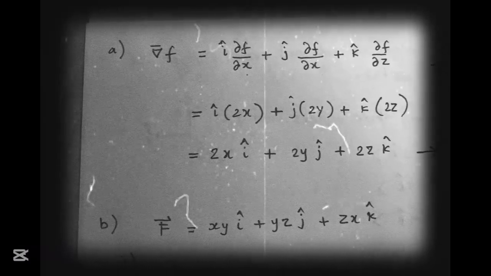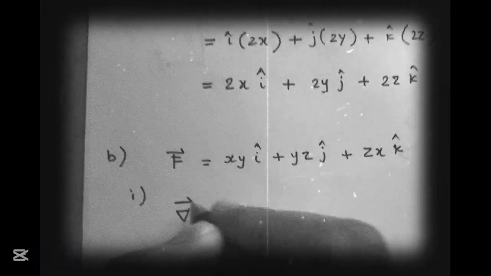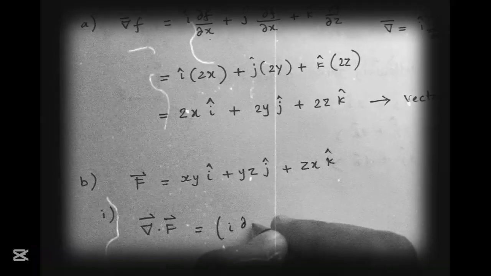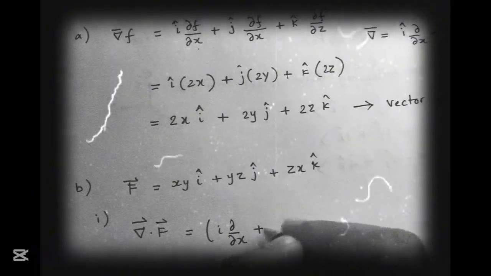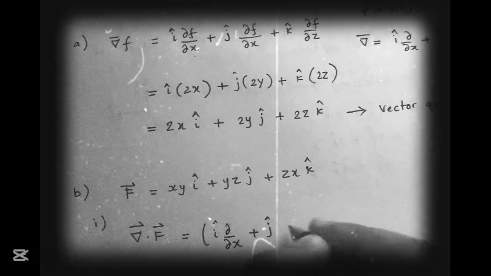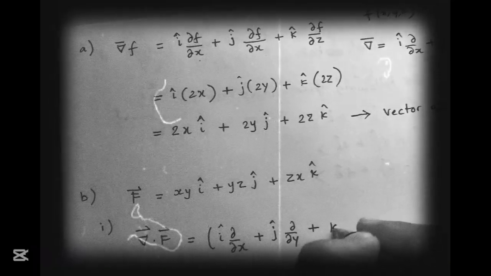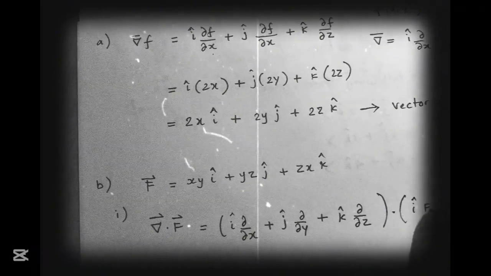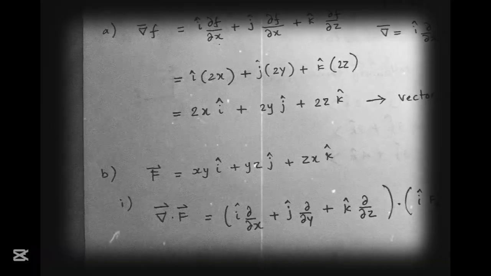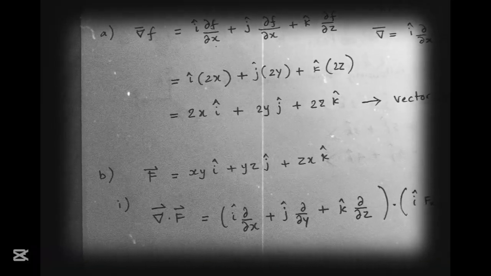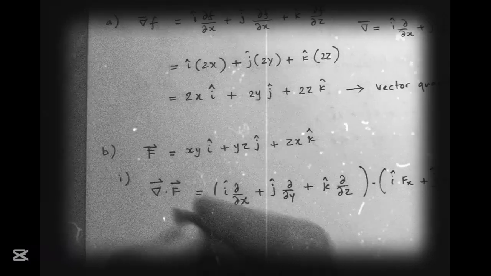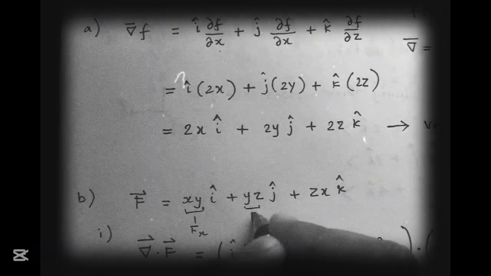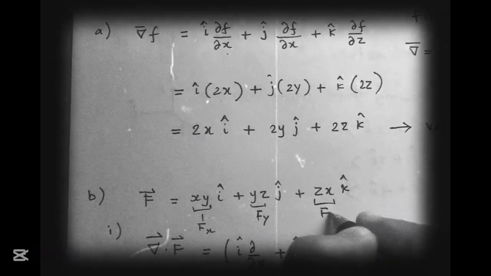So if I calculate its divergence, this will give me i d by dx plus j d by dy plus k d by dz dotted with i fx plus j fy plus k fz. Here this is fx, this is fy, this is fz.